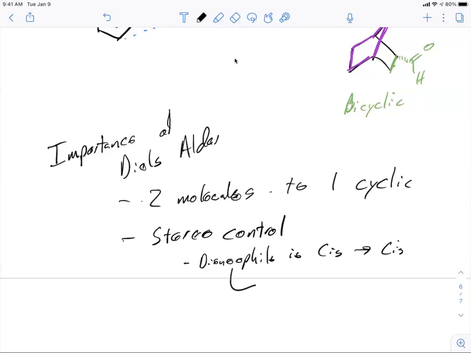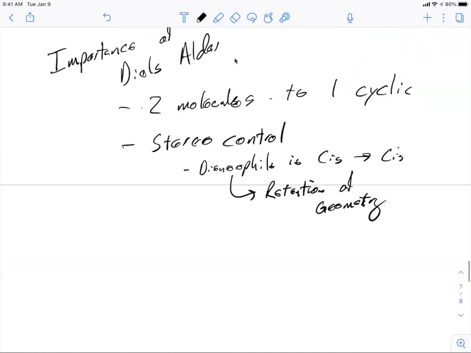So whatever the dienophile, we get retention. And I'll say geometry in this case, we get retention of that geometry. But we also have endo and exo selectivity, which we'll talk about in just a second, and we have regioselectivity.